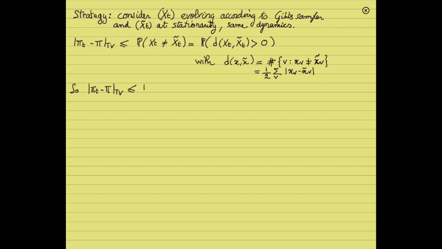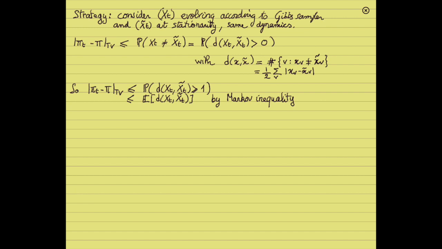So this total variation distance between pi t and pi is less than the probability that the distance is more or equal than 1. And by Markov inequality, this is less than the expectation of the distance.